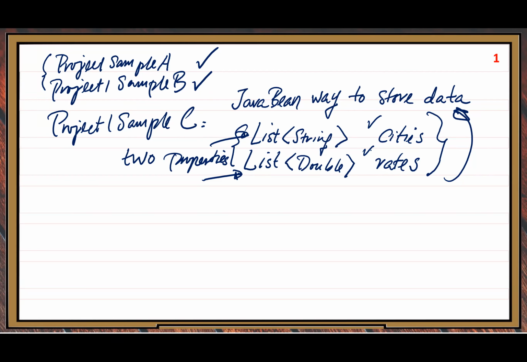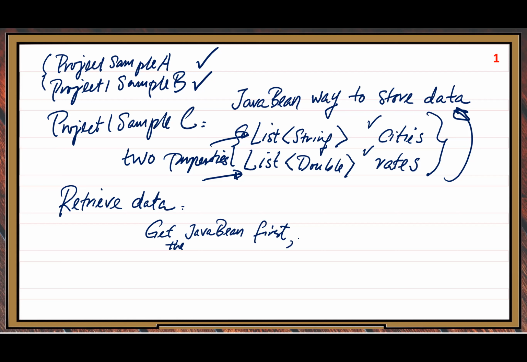But when we retrieve data, we get the Java Bean first, and then its properties.